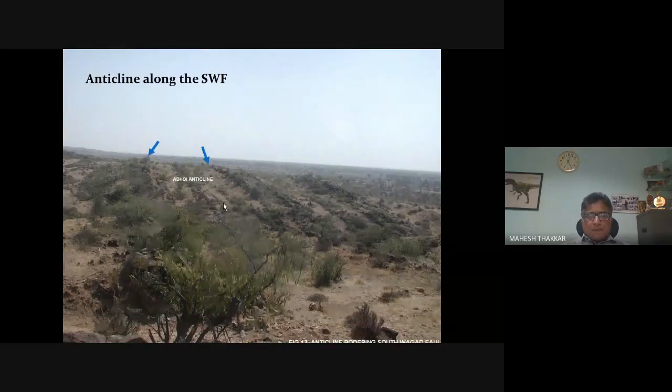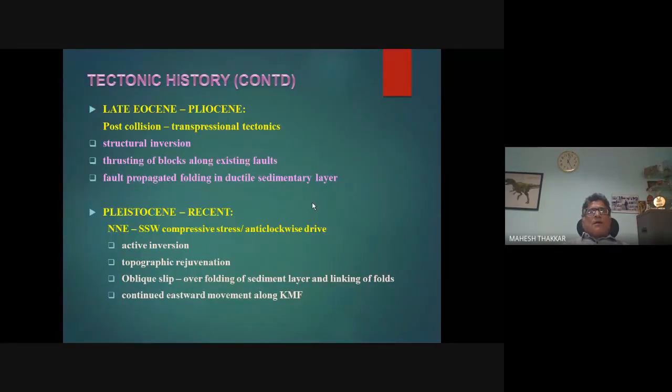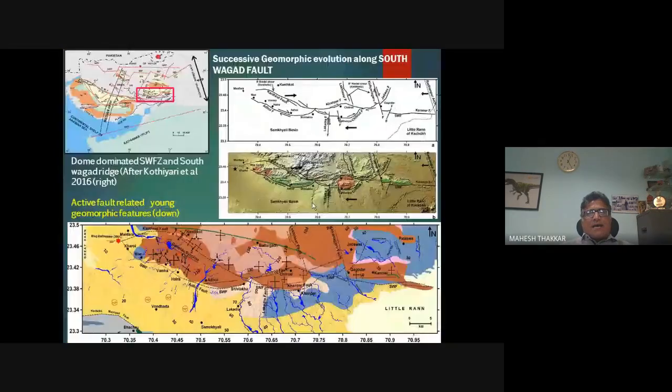Now, let us look at the ground reality, how exactly these faults and related anticlines and synclines look. So the Adhoi anticline is like this. We have large anticlines along the Adhoi fault. The Adhoi fault is nothing but the South Wagad fault.